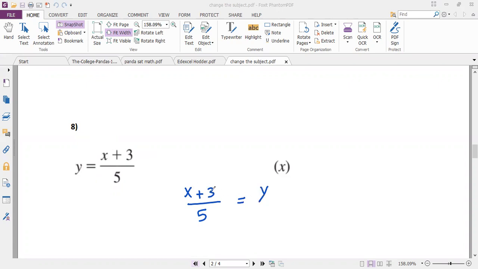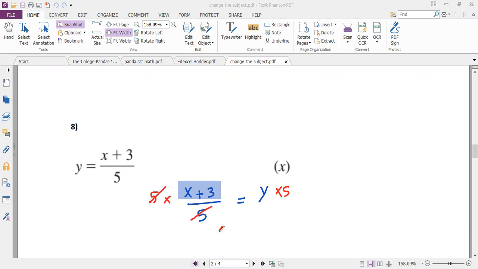Because x plus 3, we deal with it as one term, all of it divided by 5. So the first step is to cancel this 5. How can you cancel this 5? Multiply both sides by 5, just to cancel it.